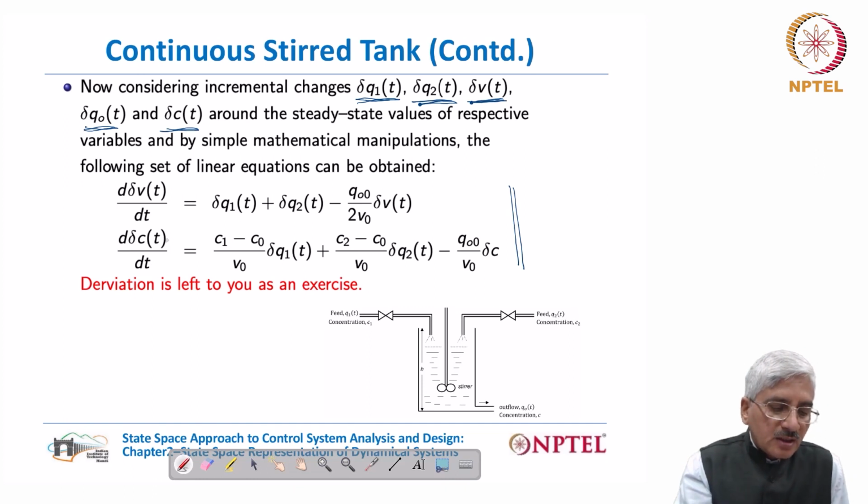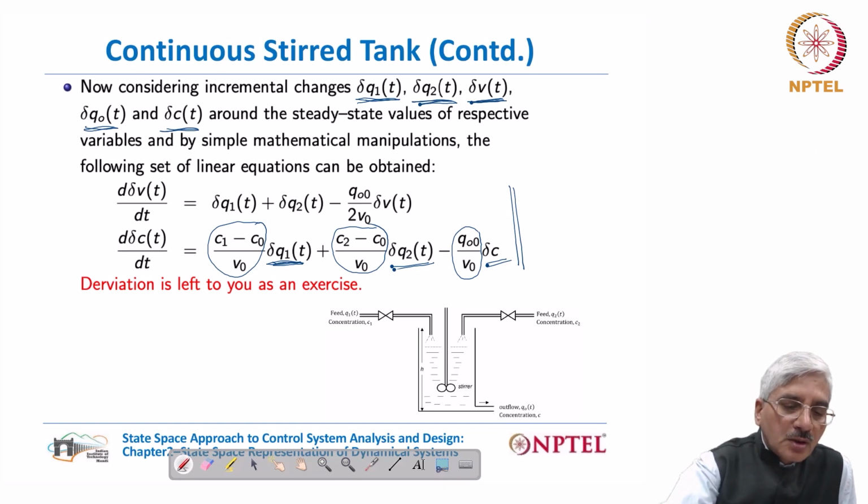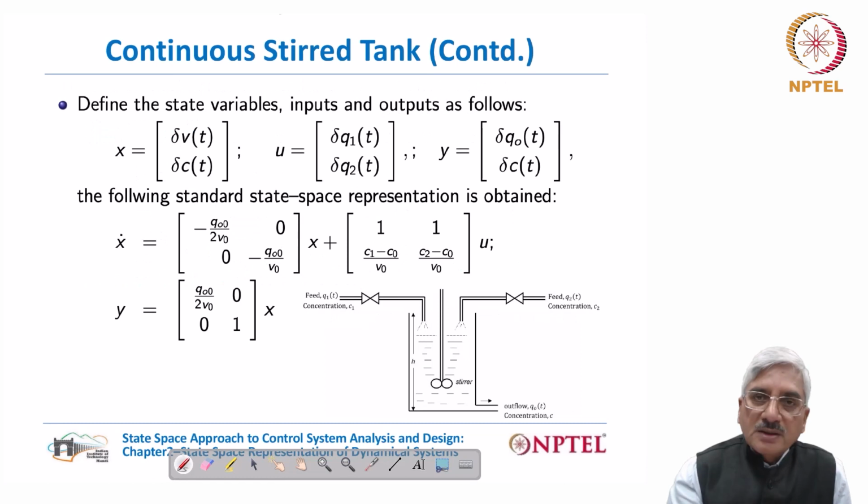Rate of change of incremental concentration will be C1 minus C0 divided by V0 into the incremental change in Q1, the feed flow 1. Similarly, another multiplier into the incremental change in feed flow 2, minus QO 0 divided by V0 into delta C, the incremental change in concentration. So we got the two linearized equations describing the system.